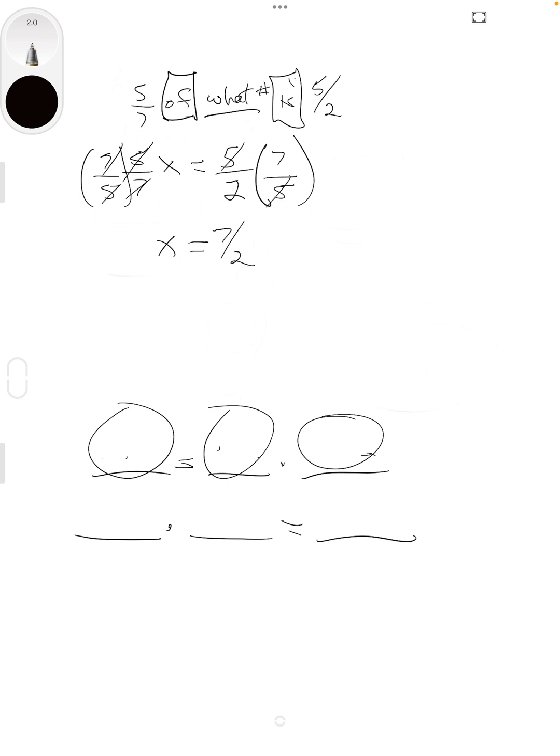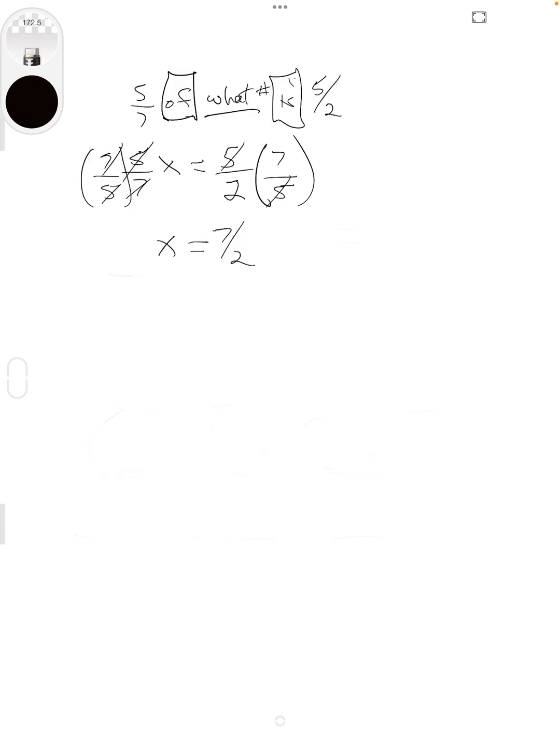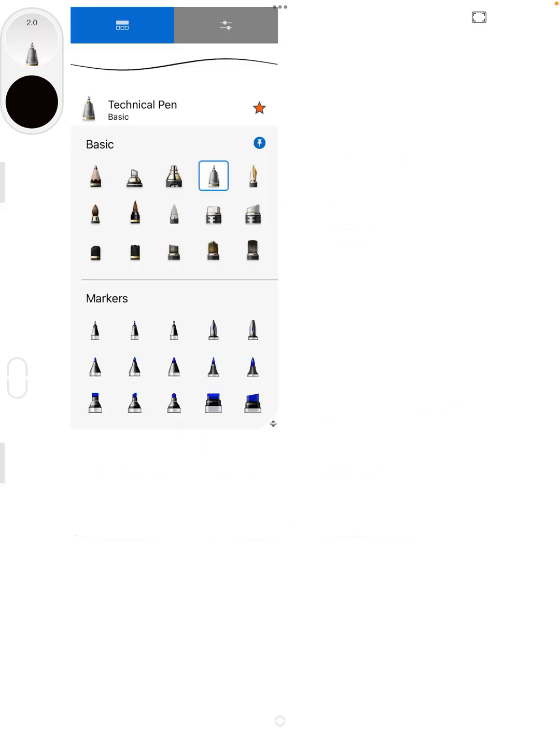So 5/7 of 7/2 is 5/2. Okay, that's the answer to that question. So when you're doing these, you're really just doing basic arithmetic problems with multiplication, and all you have to do is set it up correctly and it becomes simple.